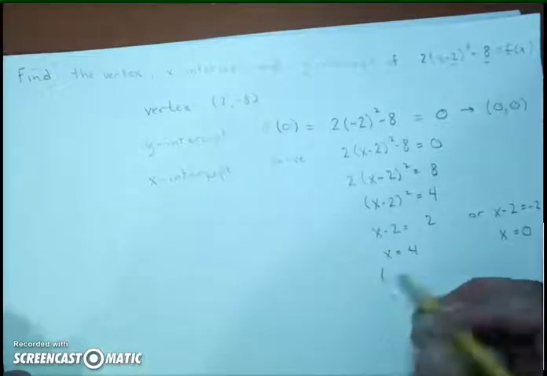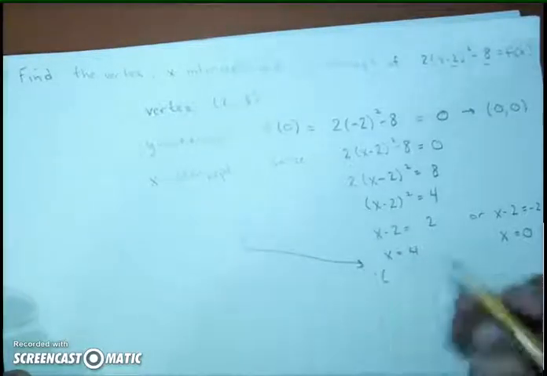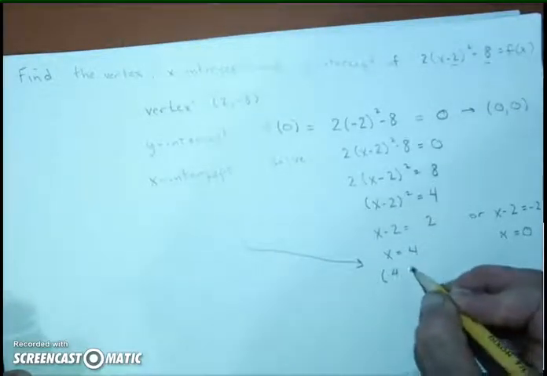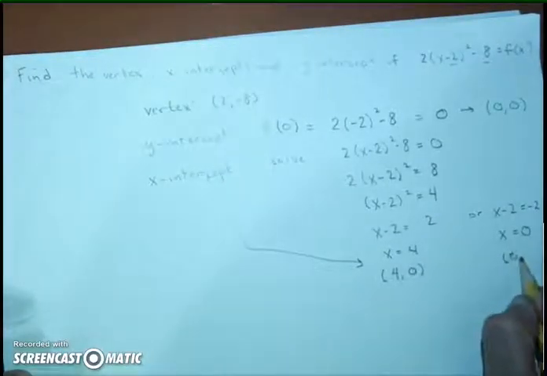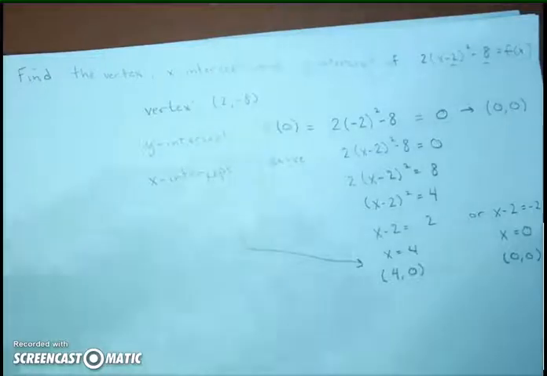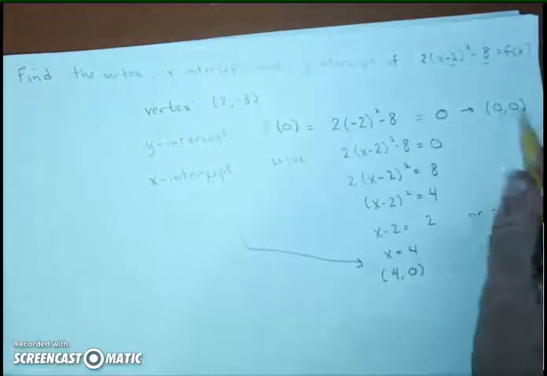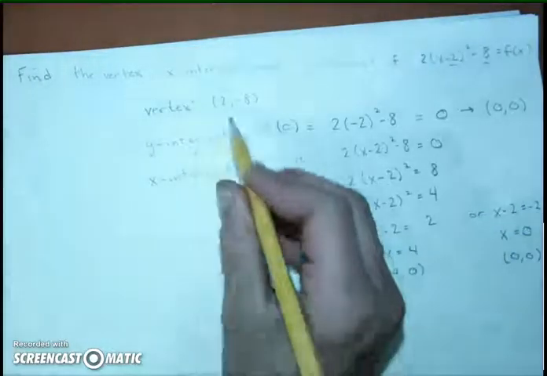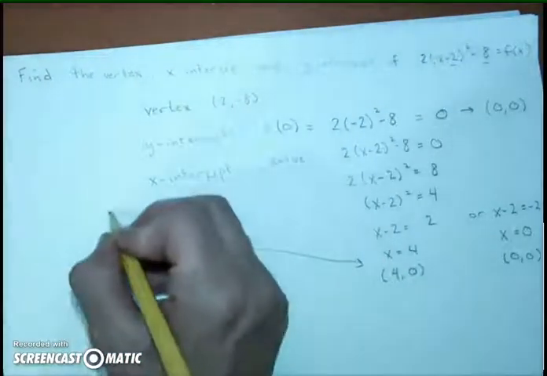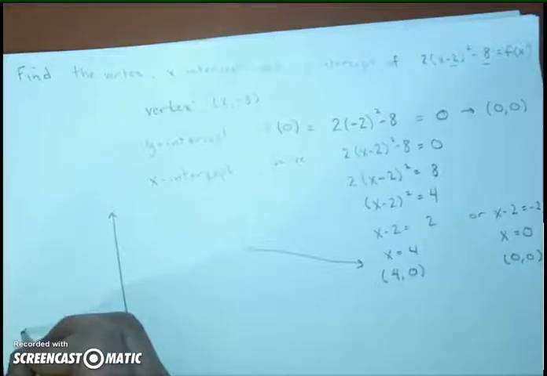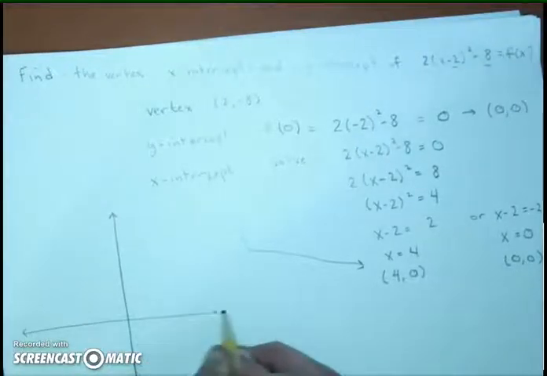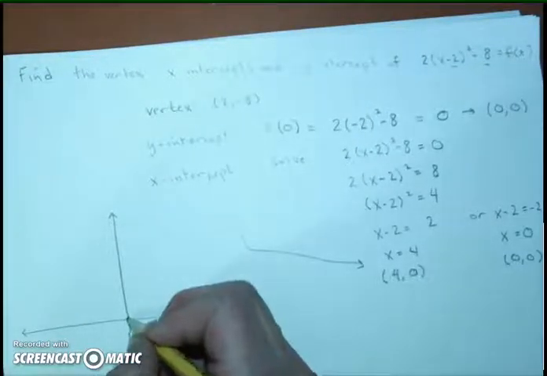So this tells us that our x-intercepts are 4, 0. This says when I plug in 4, I get out 0, and 0, 0. So our x-intercept and y-intercept end up being aligned here, and our vertex is at 2, negative 8. So if I look at the graph, I have 3 points.